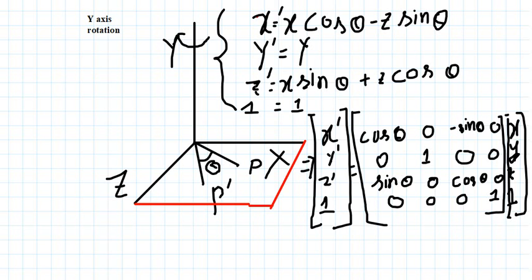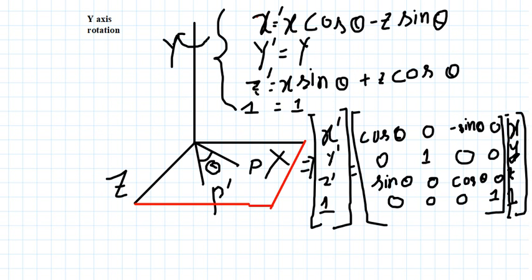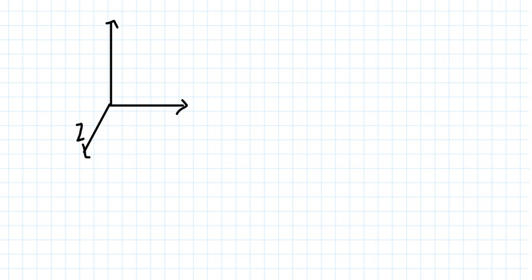Now let me try z-axis rotation. For z-axis rotation, you have to rotate the 3D space by getting hold of the z-axis either in clockwise or anti-clockwise direction.